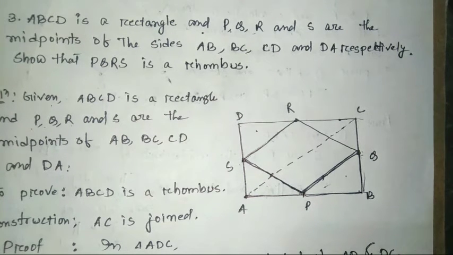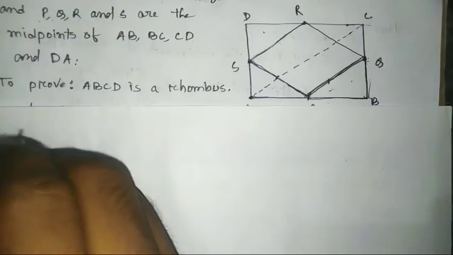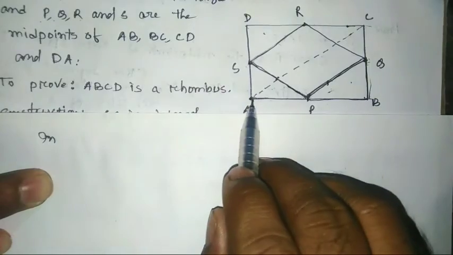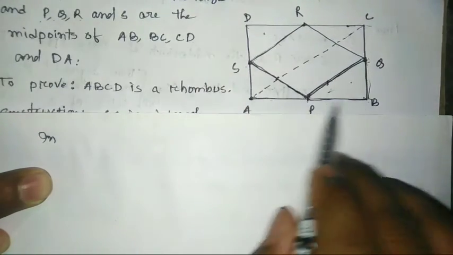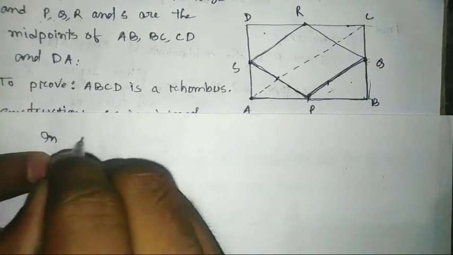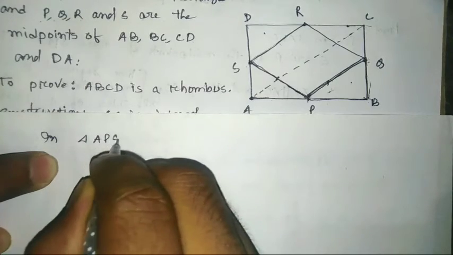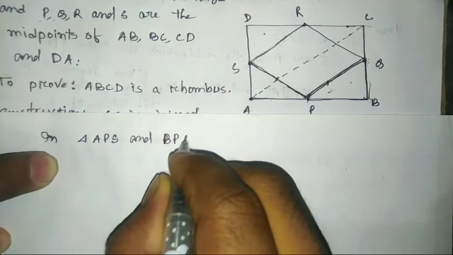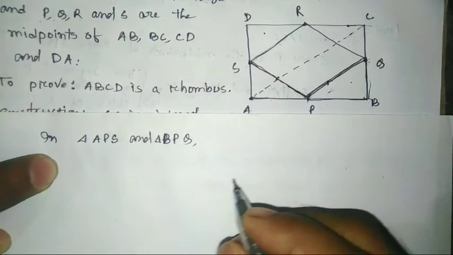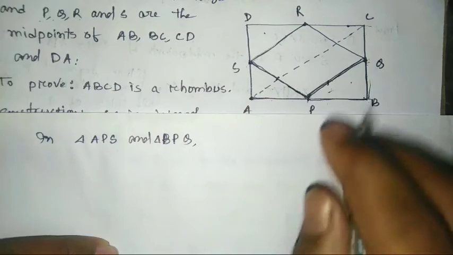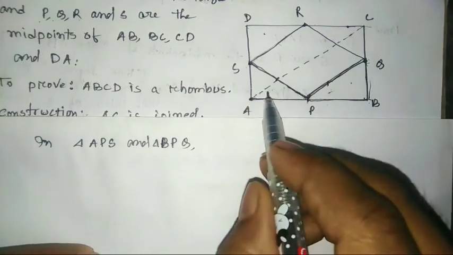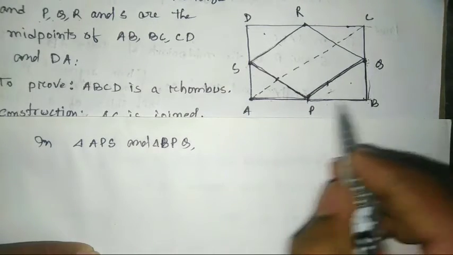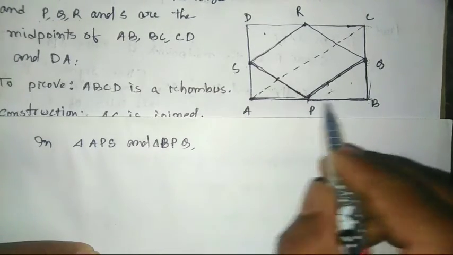So let's see. Which two triangles will we consider? APS and BPQ. In triangle APS and triangle BPQ, which parts are equal? We have to show. Now see, in triangle APS, AP, and in triangle BPQ, BP, these two sides are equal or not?